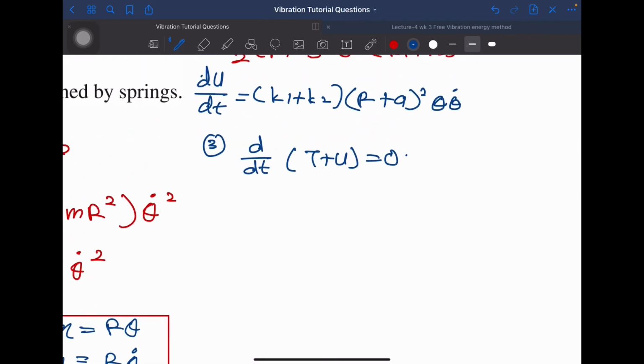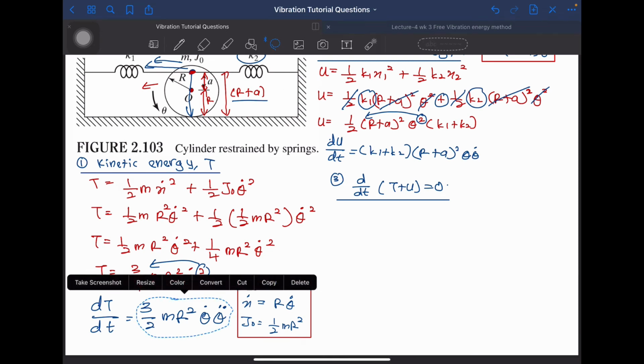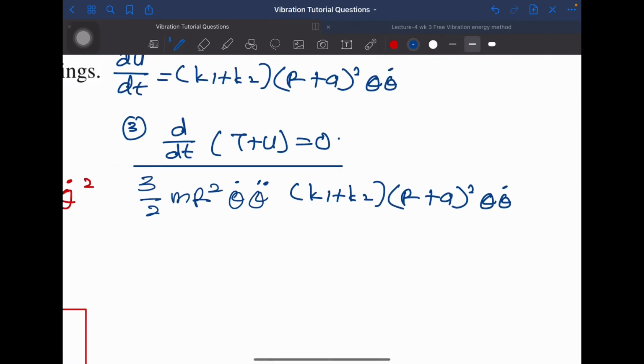So now I'm going to bring this here plus both of these differentiated equations for T and U, add them together, and equate them to 0.